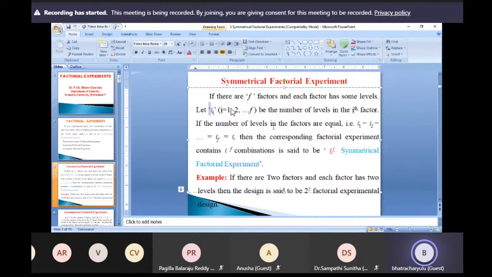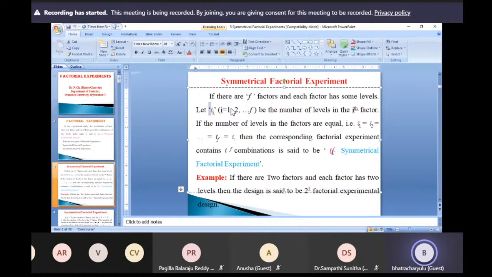If the number of levels in all the factors is equal, then the corresponding factorial experiment is L power F, that is called a symmetrical factorial experiment. Two factors, each having two levels, is called 2 square. Three factors, each having two levels, is said to be a 2 cube factorial experiment. Four factors, each having only two levels, is 2 to the power of 4.